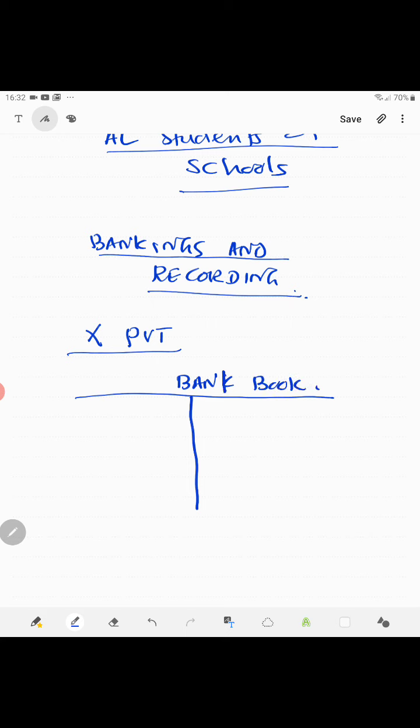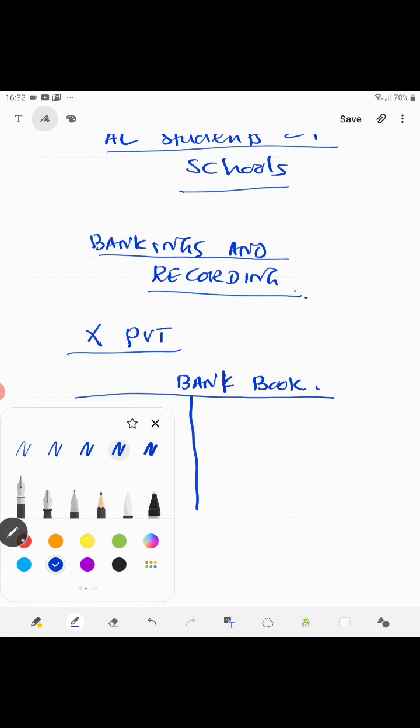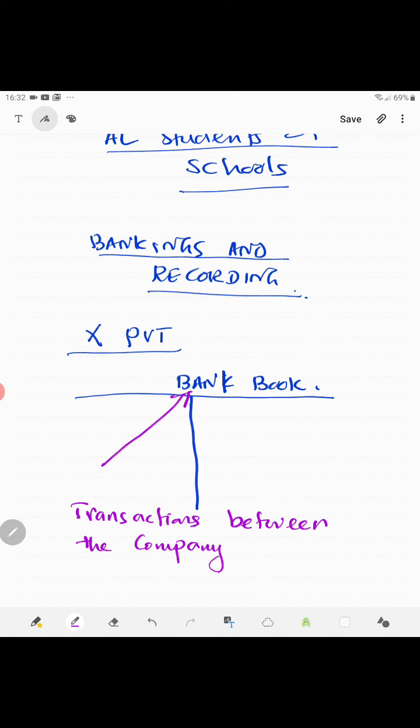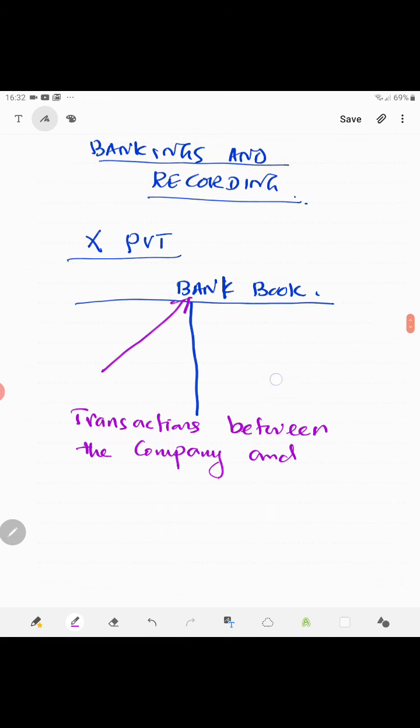Here, what is important to note is that in the bank book we record transactions between the company and the bank.